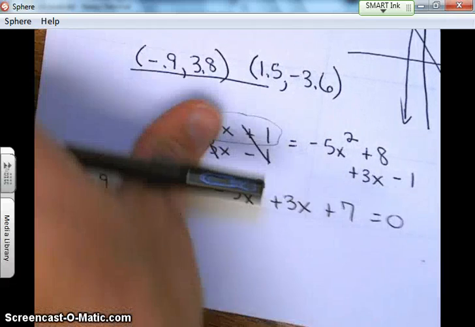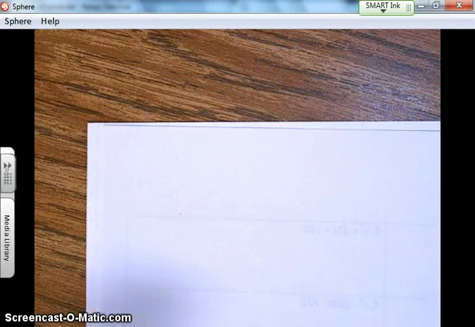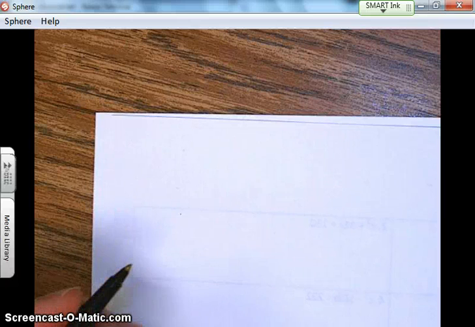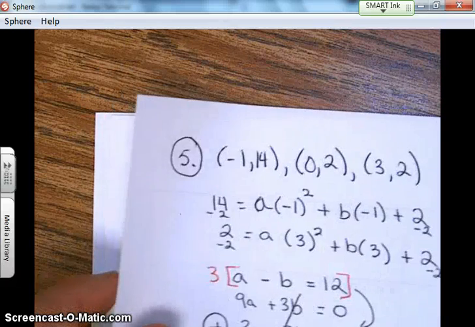And finally, the last type of problem you're going to see on the test is what we were just doing yesterday, where you're given 3 points and you're to come up with the equation.